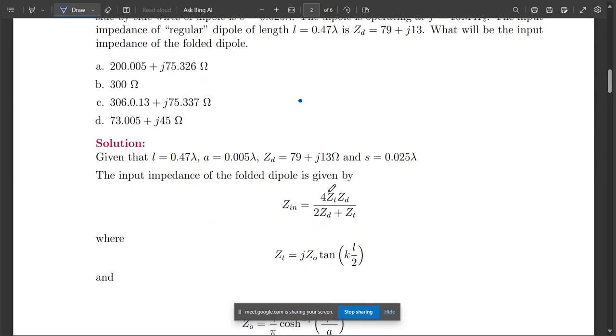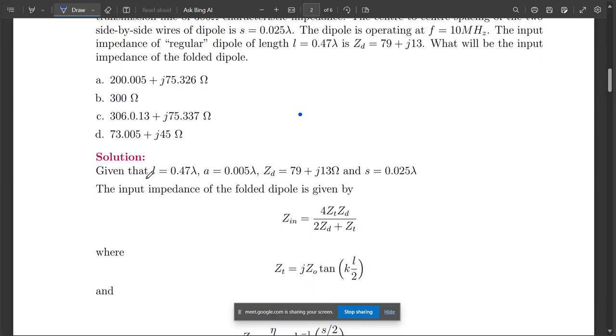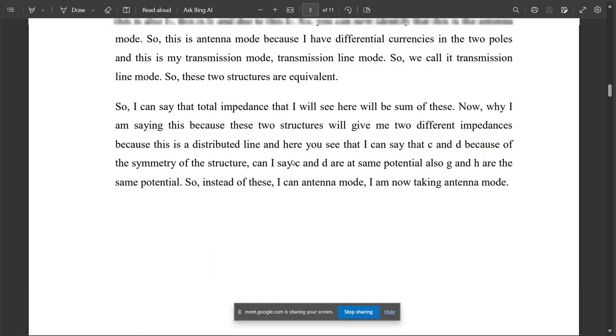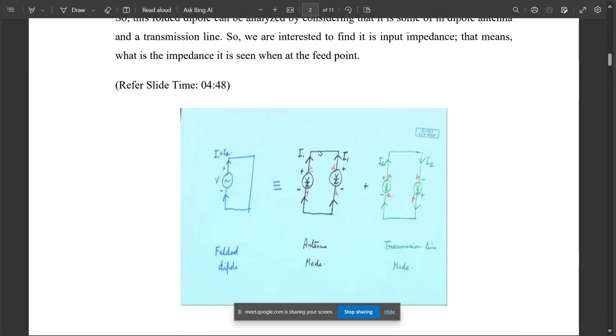What you have to do is, first thing to know is that for a folded dipole, the total impedance can be given as 4ZT into ZD upon 2ZD plus ZT. Now ZT is the impedance of the transmission line which is connected with the dipole antenna.